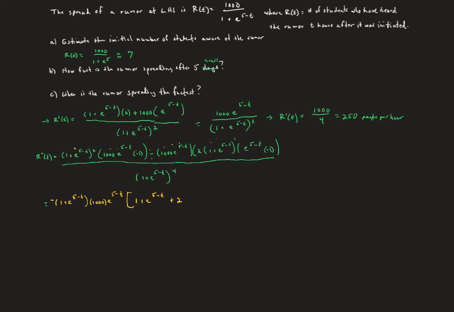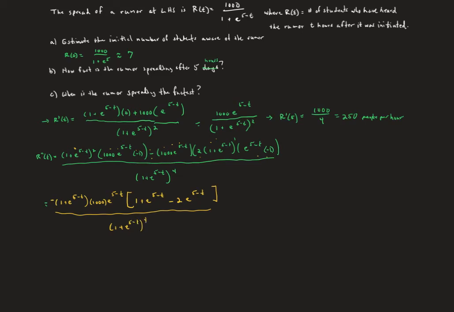So plus from there, 2. We took out that 1 plus e to the 5 minus t. So I think we just have that negative. So I'm going to maybe make that negative 2e to the 5 minus t. And that's all over 1 plus e to the 5 minus t to the fourth.